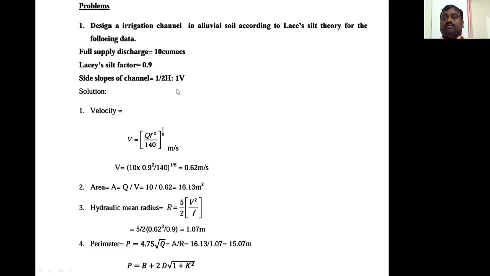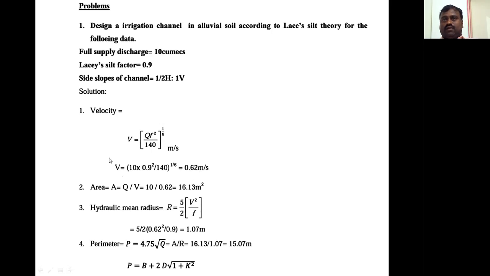In the very beginning step of designing the channel by Lacey's silt theory, the velocity is determined using the expression V is equal to (QF²/140)^(1/6). Substituting the values of discharge Q and F, V is obtained equal to 0.62 meter per second.